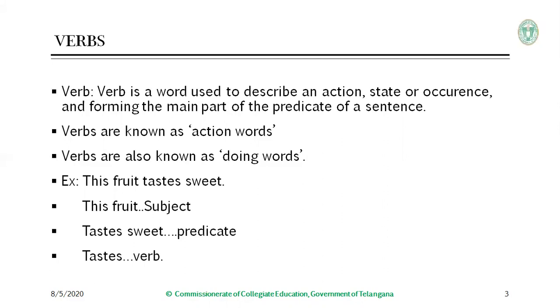Tastes sweet is the predicate. The predicate contains the verb tastes here. So the sentence contains subject and predicate, and the verb is the main part of the predicate in the sentence.